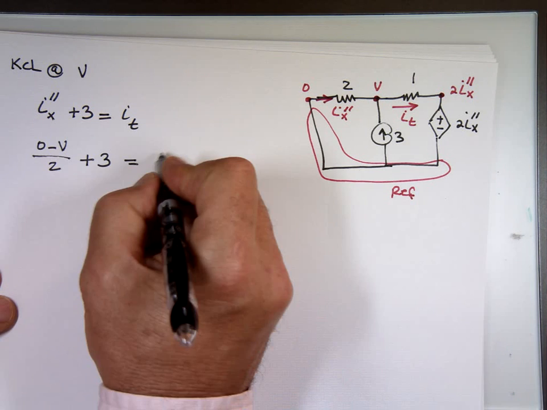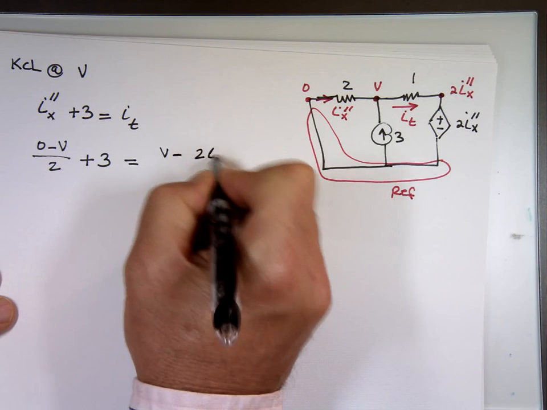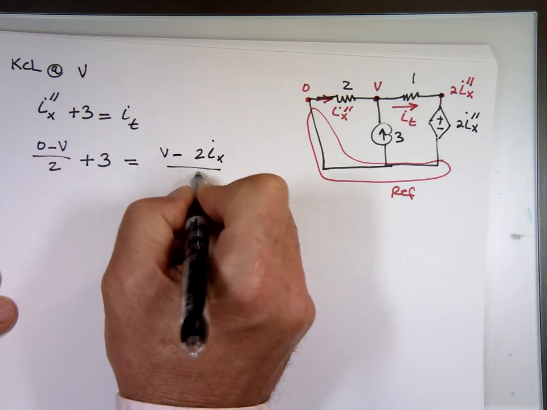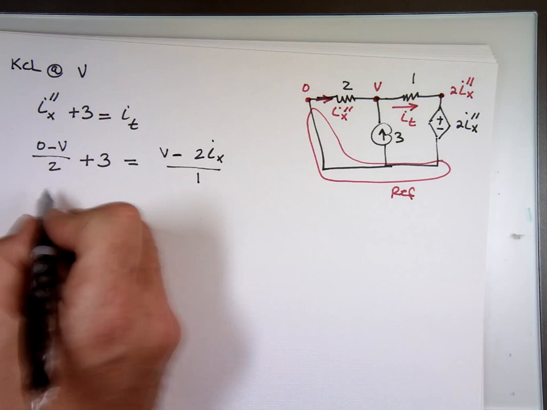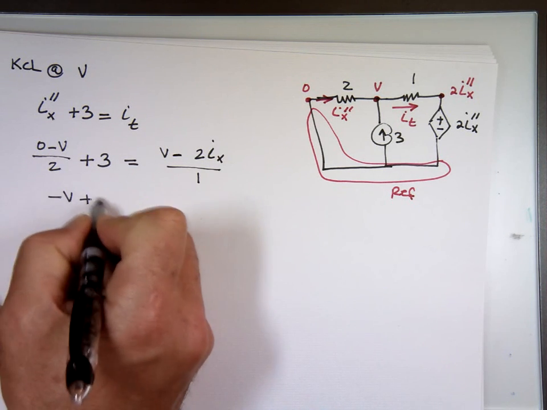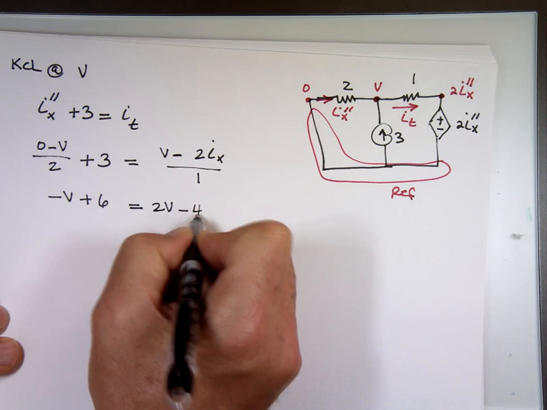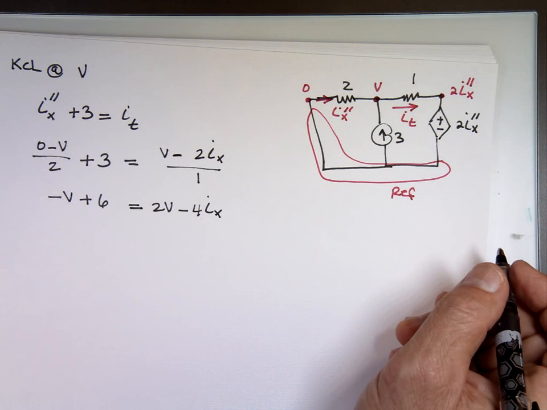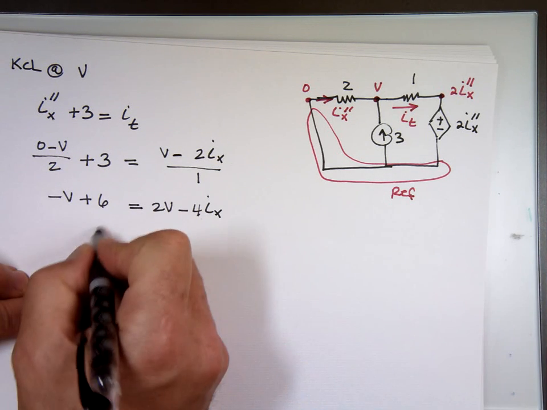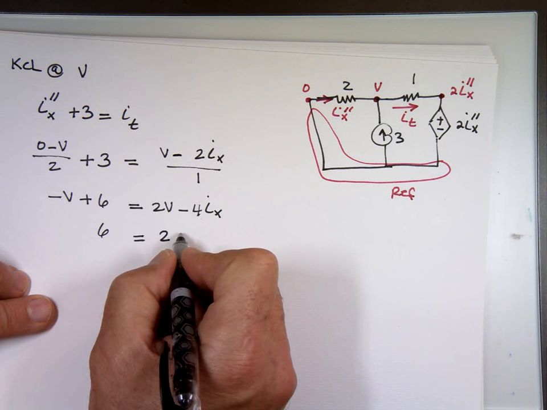LCD is 2. Bring the minus V here. 6 equals what? That'll be 3V, right?